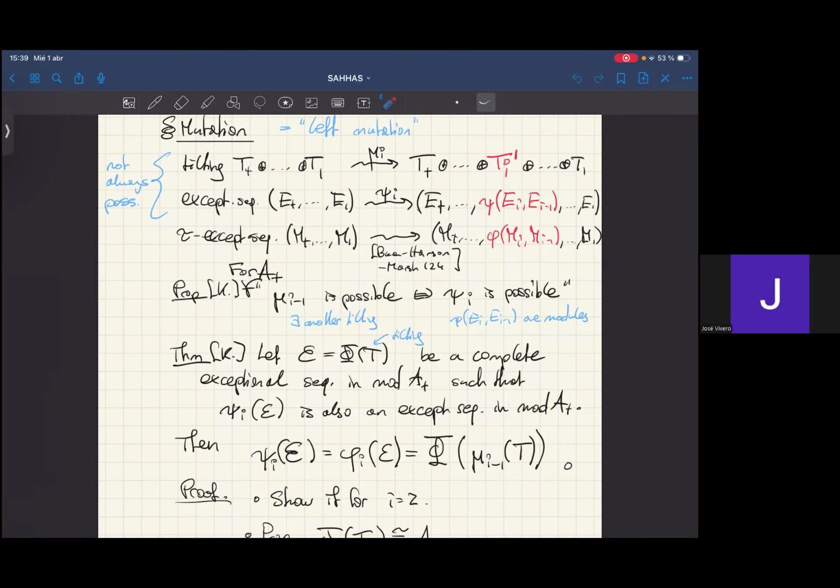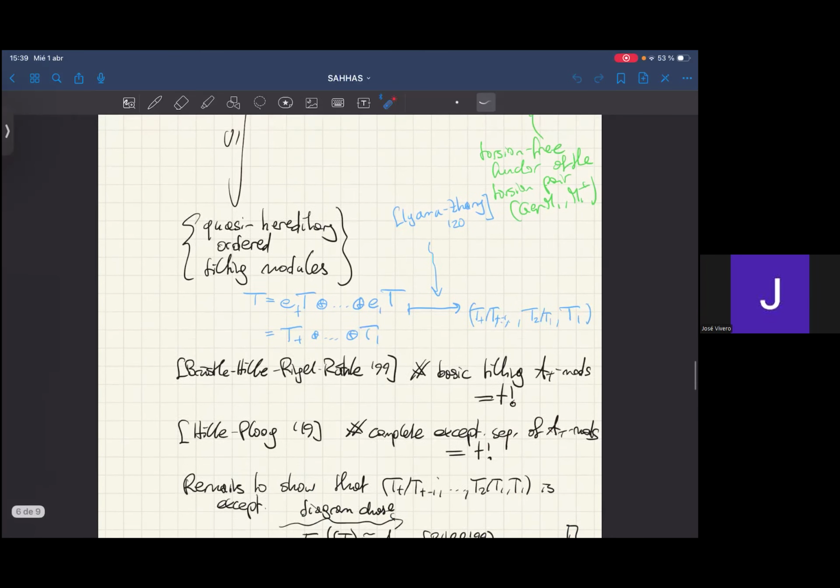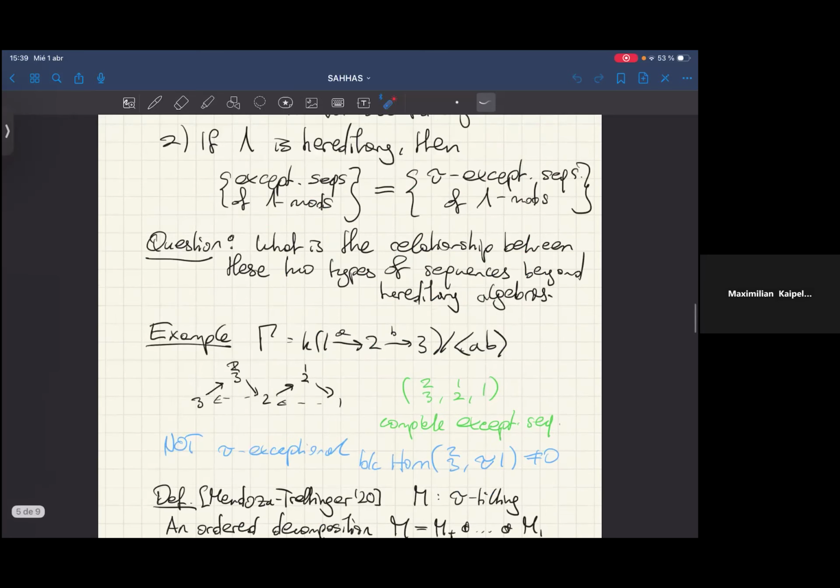You mentioned that the case that you proved, the AT, is quasi-hereditary and has a unique ordering of the simples so that it is standardly stratified. But the example that does not satisfy your theorem, that is complete exceptional but not tau, has more than one. This one has 3 different orderings for which it is quasi-hereditary.